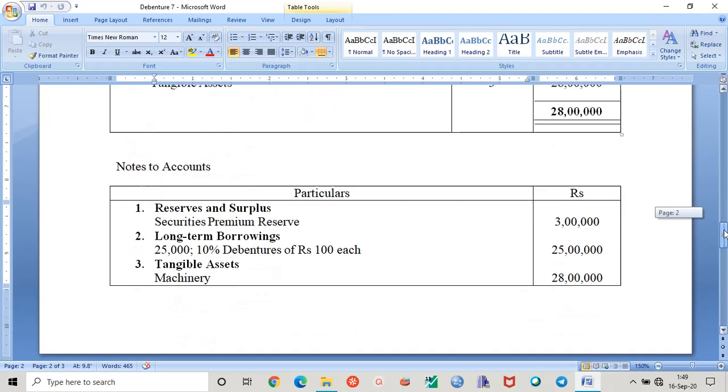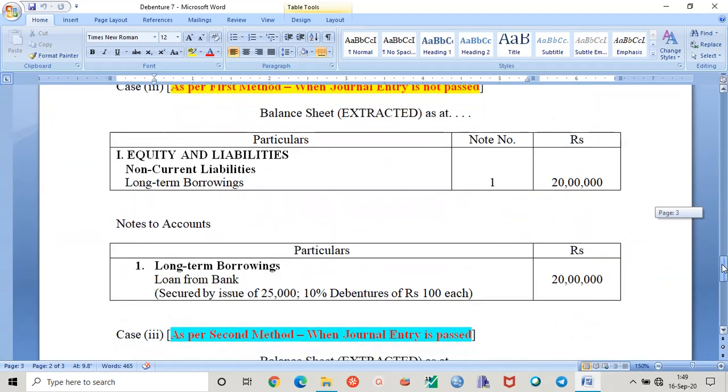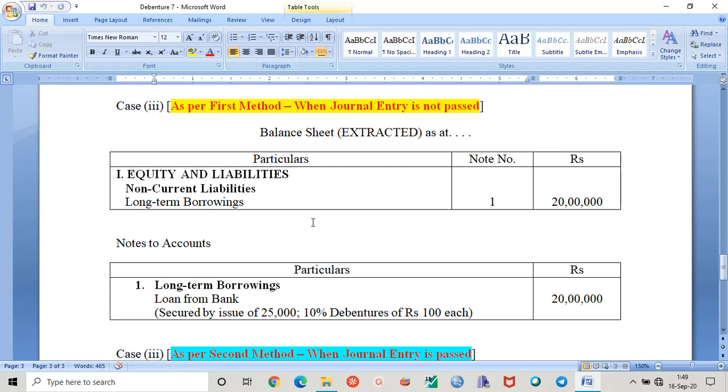Now let me go to this balance sheet for the third case, when you are issuing the number of debentures as collateral security for the bank loan. So this 20 lakh long-term borrowings, let us have a look at the notes.